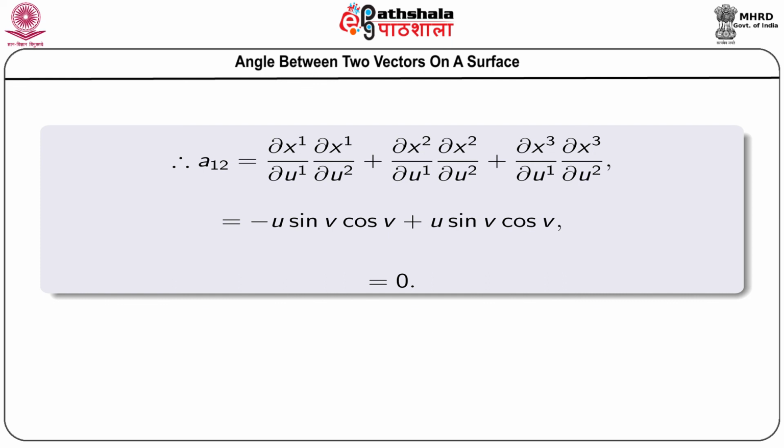That means, for helicoid the curvilinear coordinate system is orthogonal. This is very important, that if the curvilinear coordinate system is orthogonal, we can measure the other things very elegantly.